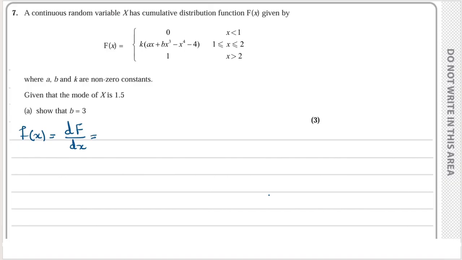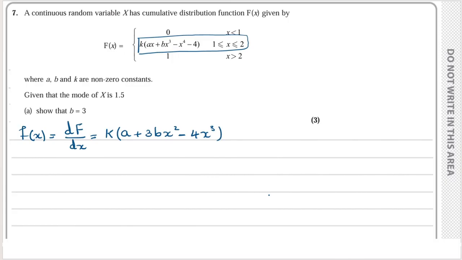So we differentiate the CDF, and we'll get k brackets a plus 3b x squared minus 4x cubed.